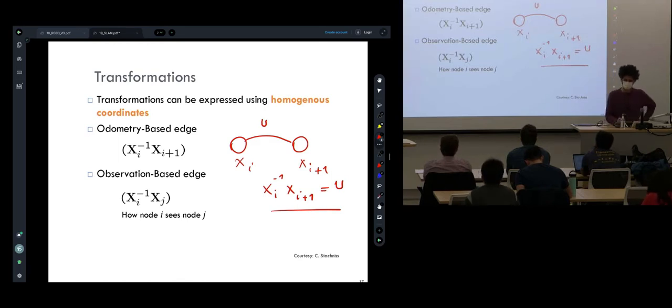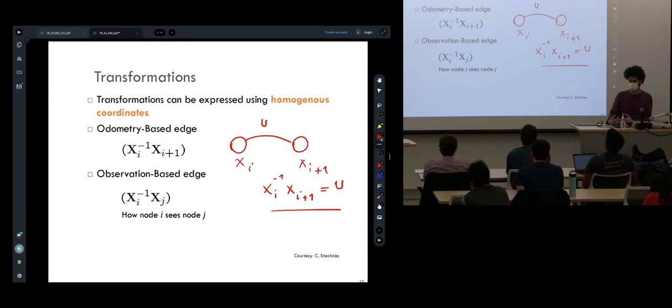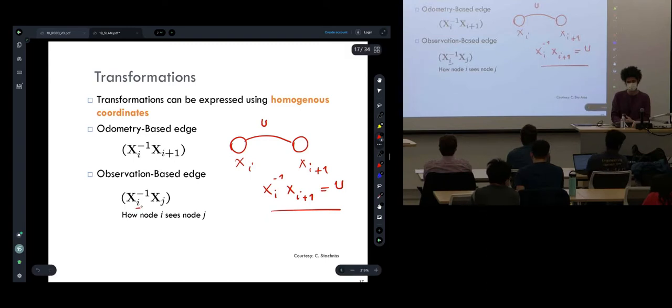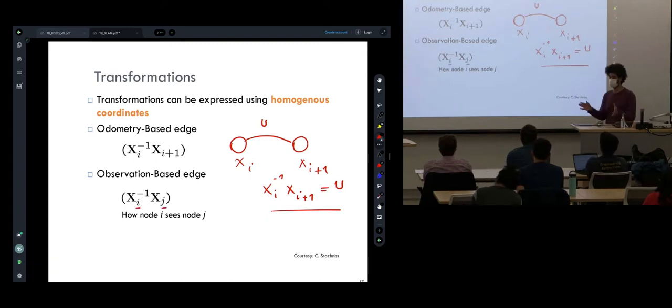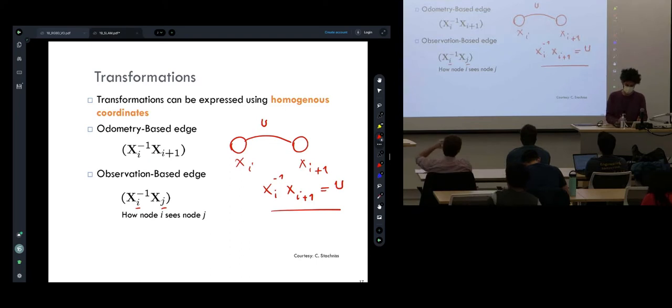When it's observation-based, not coming from temporal tracking, in the context of having poses as state variables it's the same thing, except we're not talking about i and i plus 1. You see i and j. j can be any other node in the graph. That's the difference.